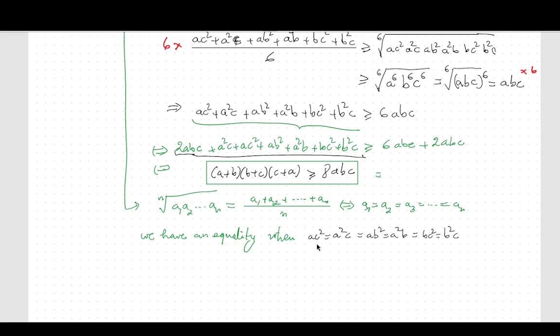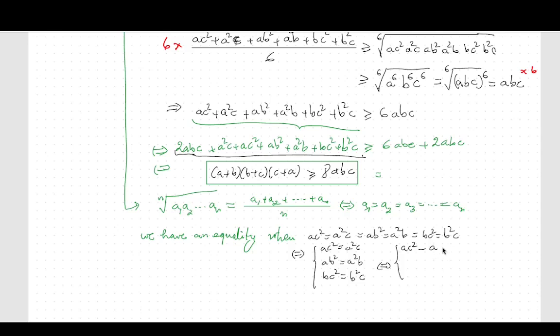So we can write that as a system: ac squared equals a squared c, and ab squared equals a squared b, and bc squared equals b squared c. So this we can divide by ac or write it as a difference.